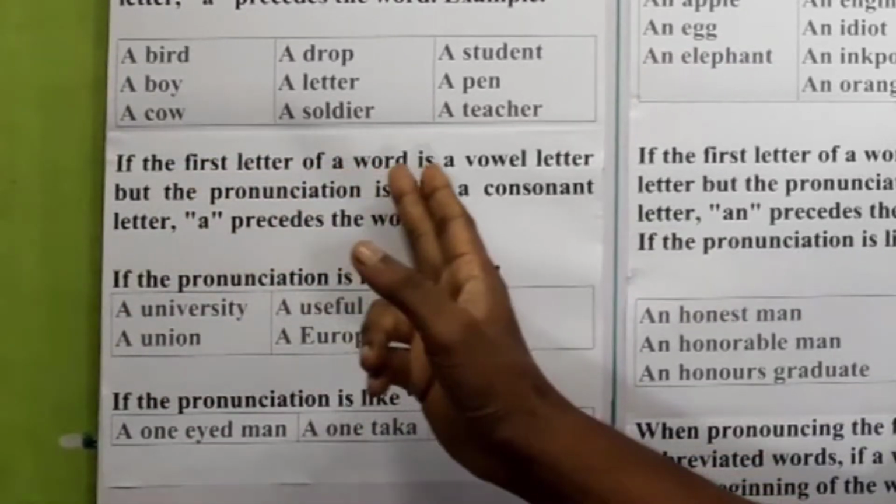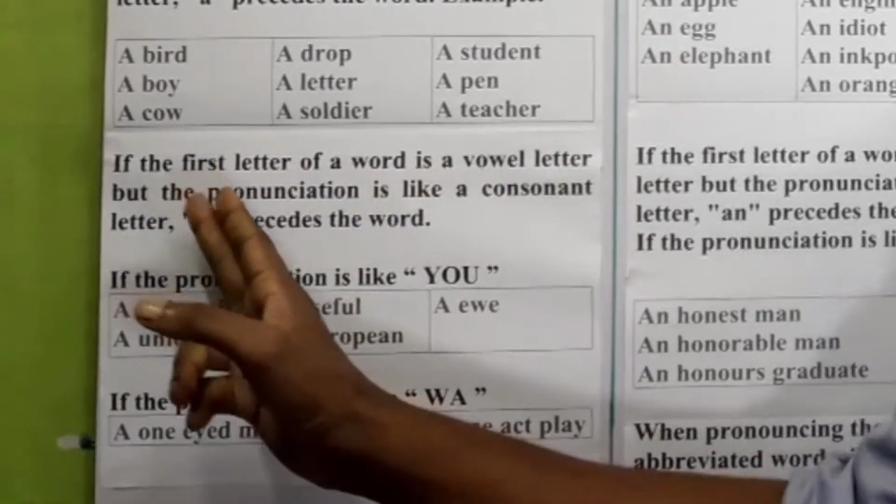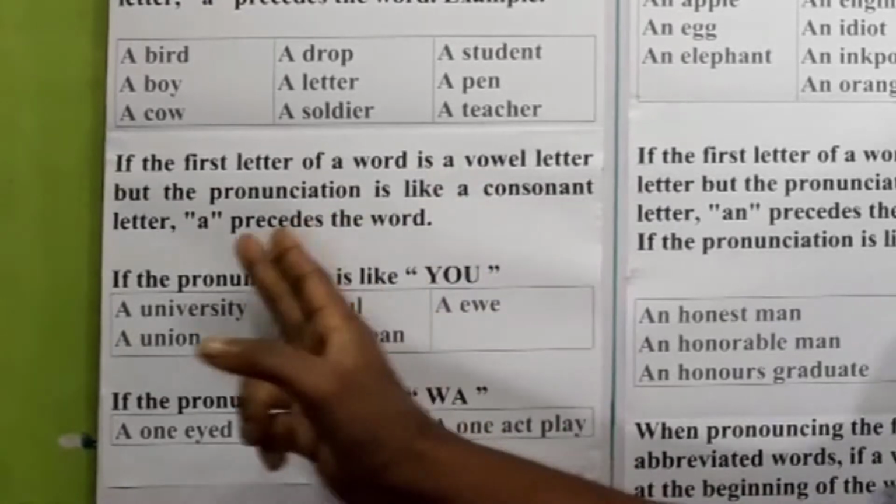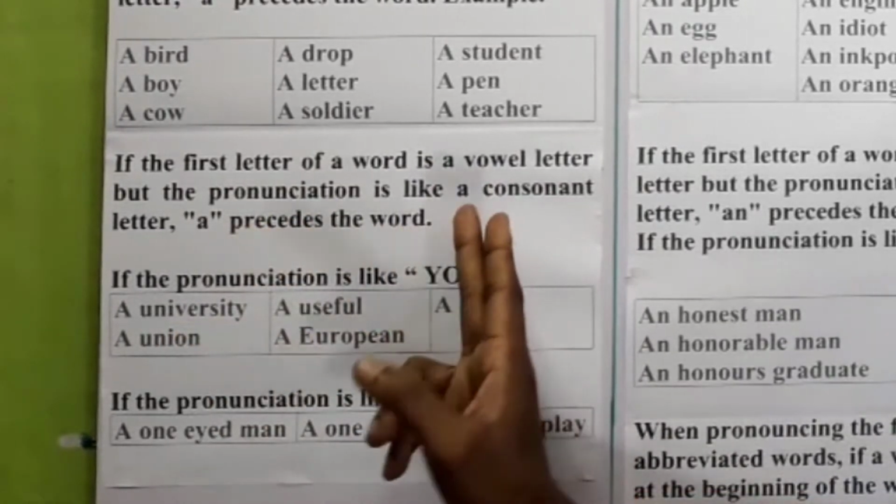If the first letter of a word is a vowel letter, but the pronunciation is like a consonant letter, a precedes the word.